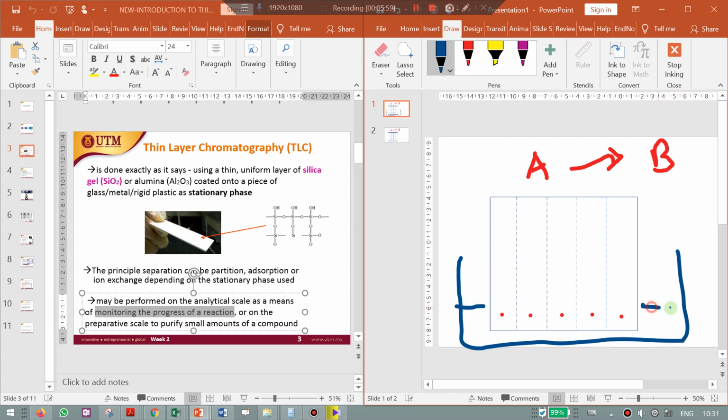Inside the chamber you put a solvent, from non-polar to polar, or you can use a mid-polar solvent. You wait for a while, maybe 10 minutes, and then you can see the spots going upwards. Again, you put your spot onto the TLC plate and put it inside the chamber that has a solvent.